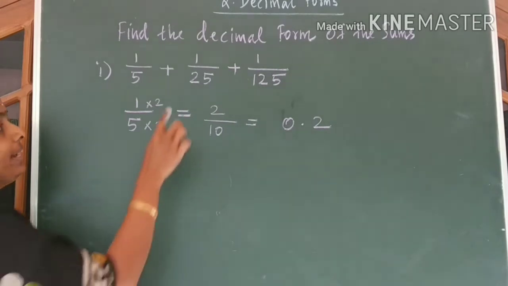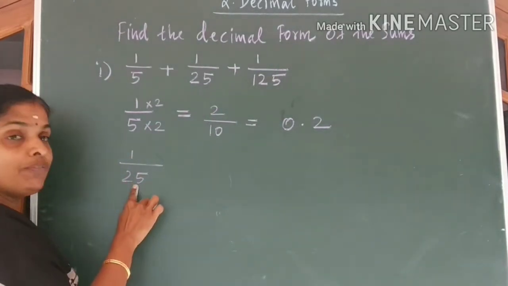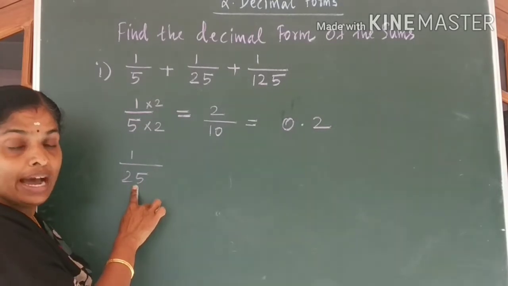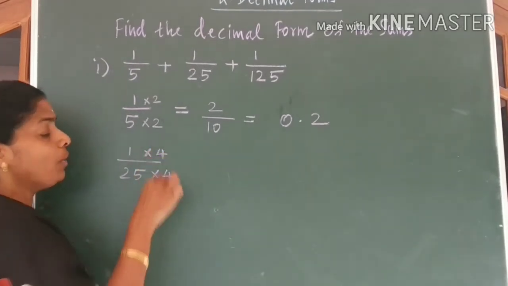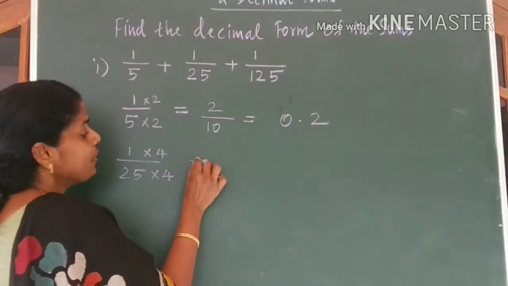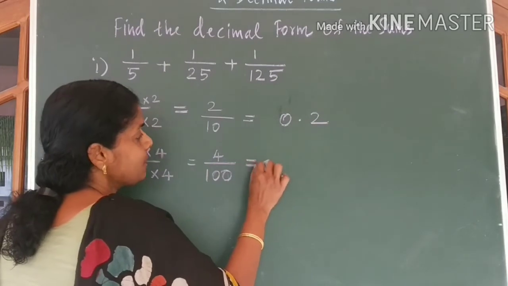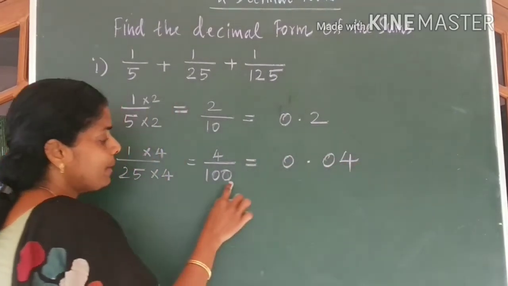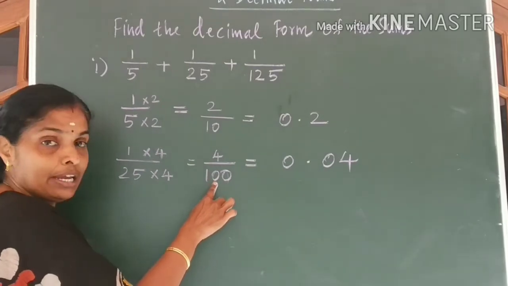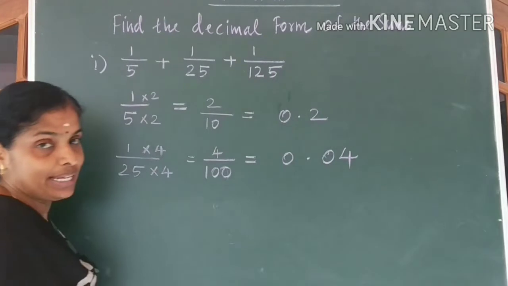Take the next one. 1 by 25. 25 can be made into 100 by multiplying the numerator and denominator by 4. So, you get 4 by 100. That is equal to 0.04 because it is divided by 2 zeros. The decimal point is kept before 2 digits.